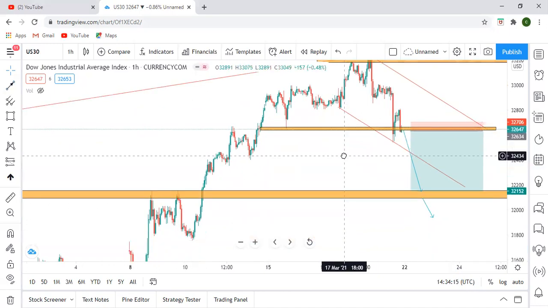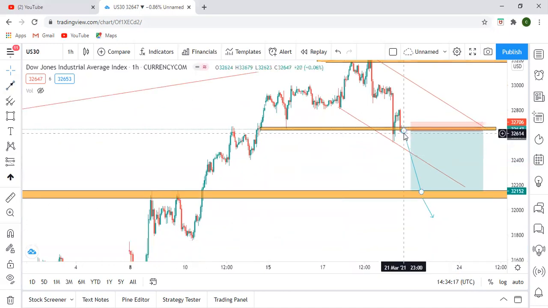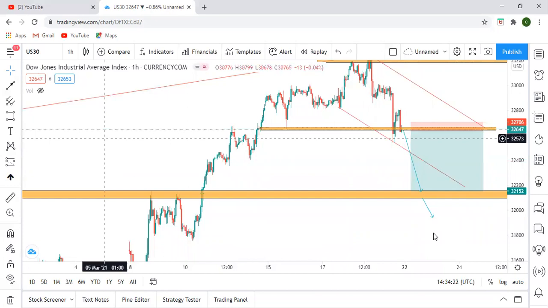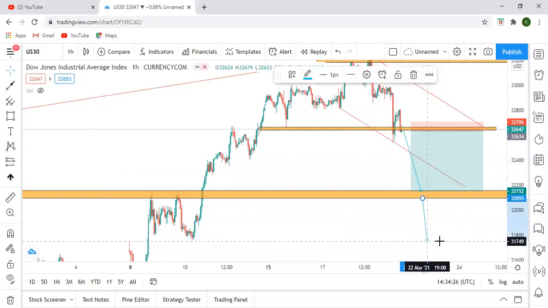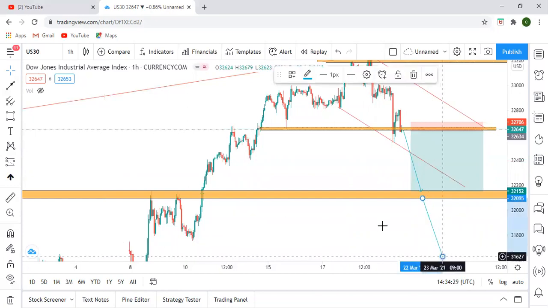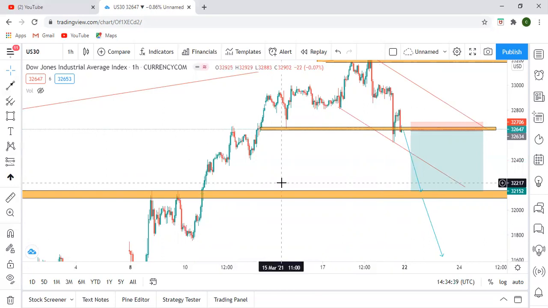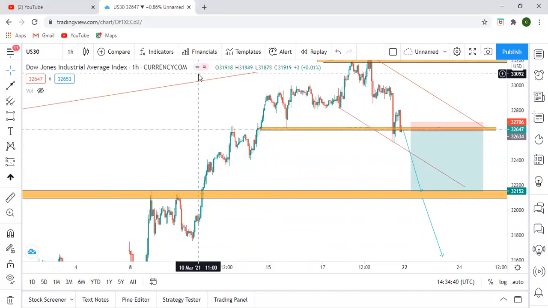So if you miss this entry, wait for the market to reach this point, and then wait for a retest at these zones, and then you will take your sell going down. So on US30, we are seeing a push to the downside. On Nasdaq, we are seeing a push to the upside. So we are done with analyzing your US30 and your Nasdaq.